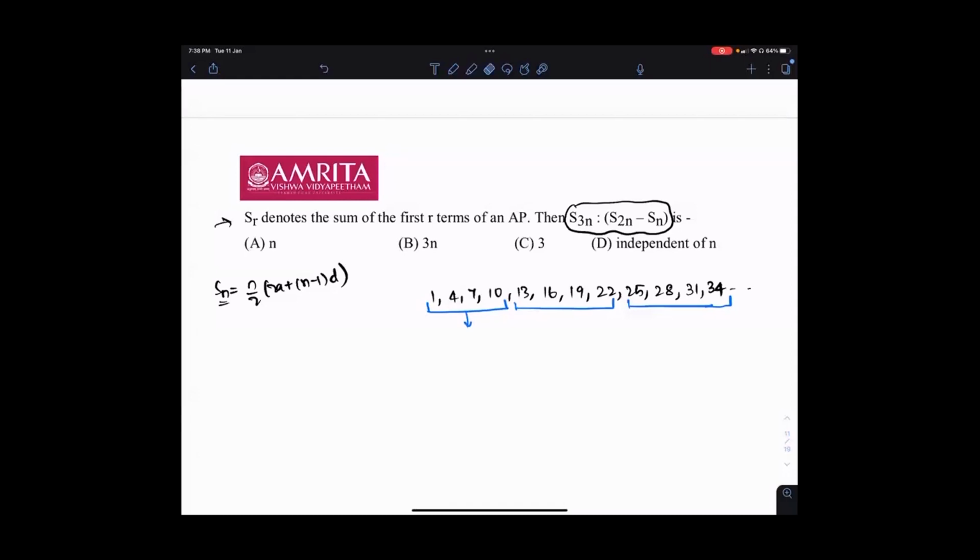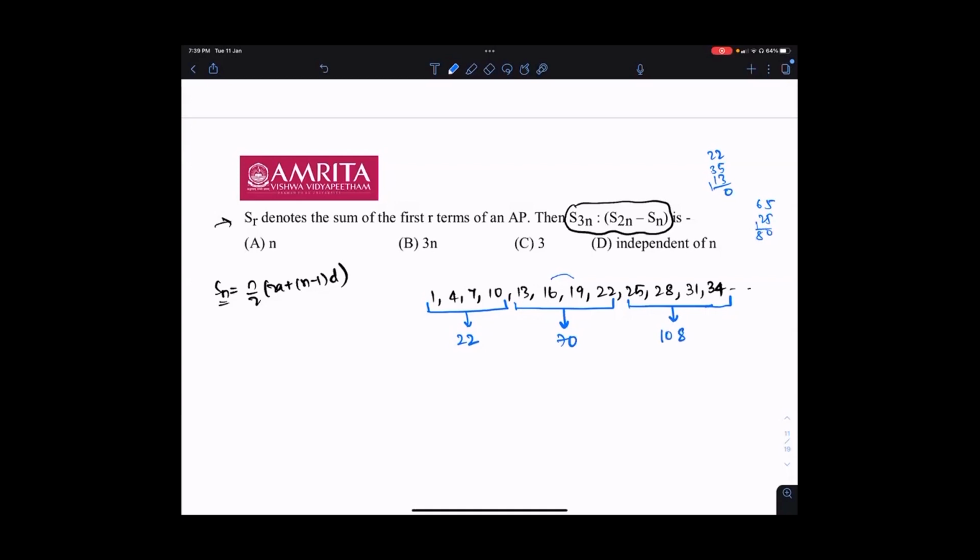What will you get? 17 plus 4 is 21, plus 1 is 22. Now add the next four numbers. 22 plus these two, it will be 35, plus 13, that is 70. Now add the last four numbers: 34, 31, it is 65, 25, it is 80, and 28 will be 108.